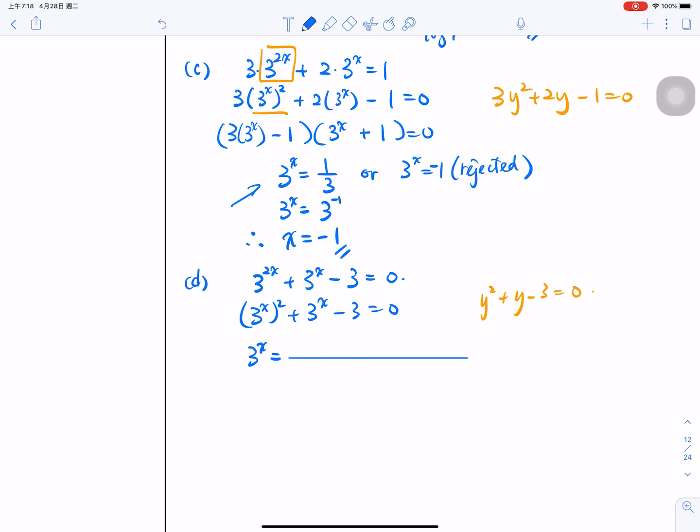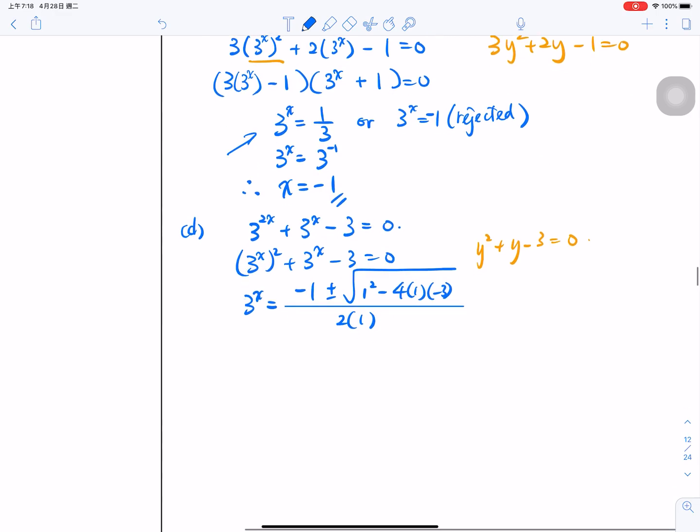so you need to use the quadratic formula: negative b plus or minus square root of b squared minus 4ac, over 2a. So 3 to the power x equals negative 1 plus square root 13 over 2, or 3 to the power x equals negative 1 minus square root 13 altogether over 2.